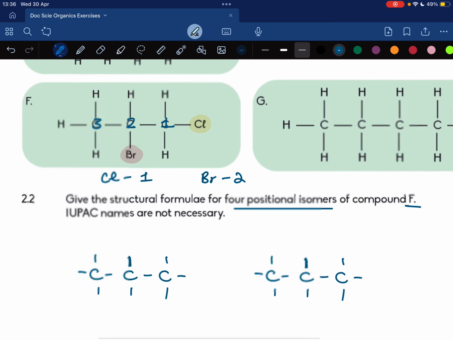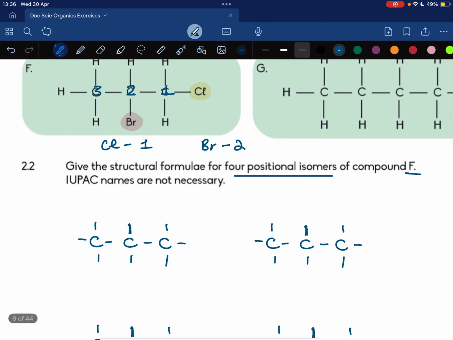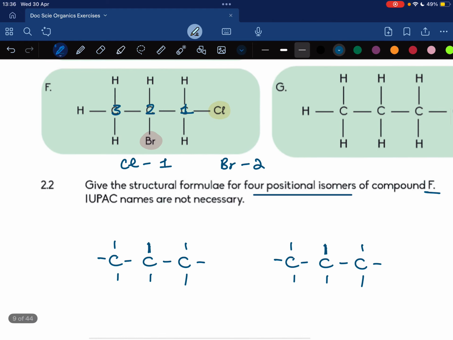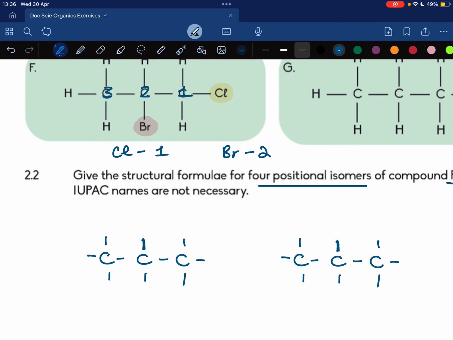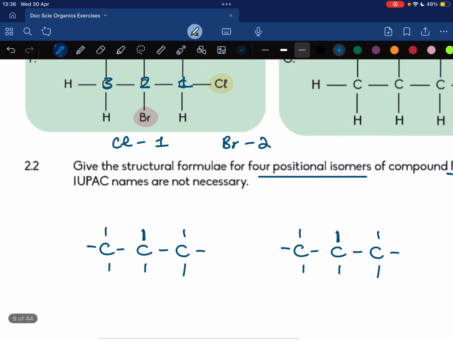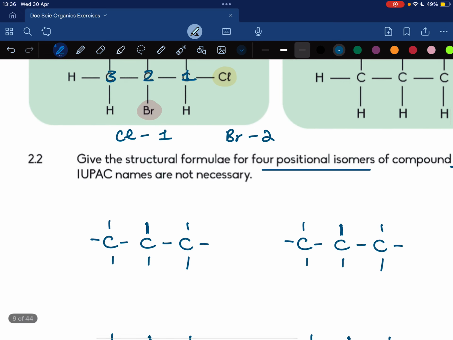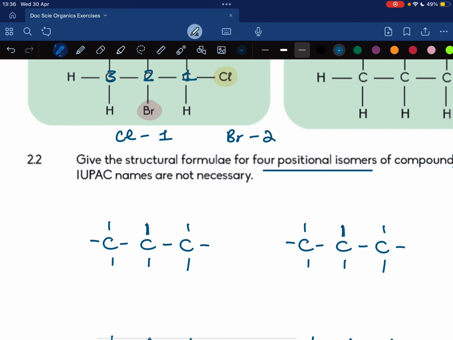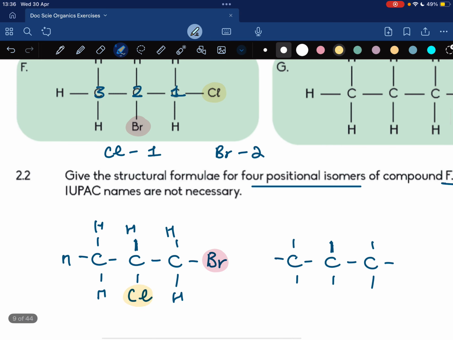So take a moment and think, how could you move these around in order to get a different compound? So I can see that, well, the easiest way would be to swap them around. So to put the bromine on the first one and the chlorine on the second one. Okay, that would be a positional isomer, because what I've done is I've changed the position of the bromine and changed the position of the chlorine.